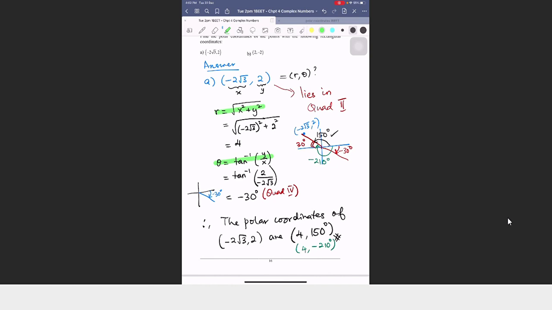Okay, what about theta? What is the correct theta? For theta, you need to see which quadrant your coordinate lies in. -45. Okay. 2 minus 2 lies in which quadrant?